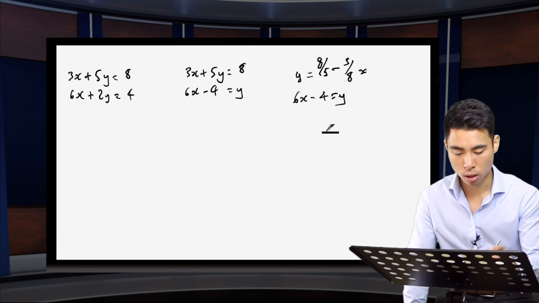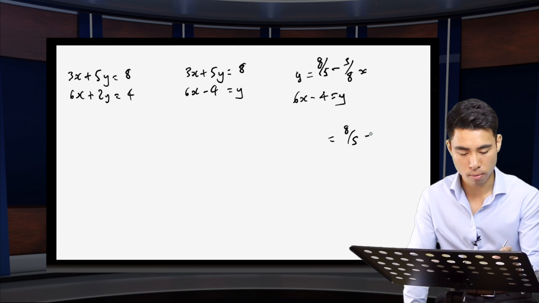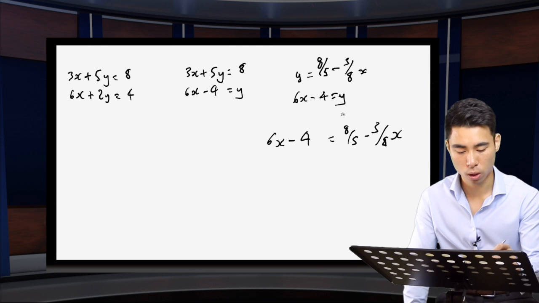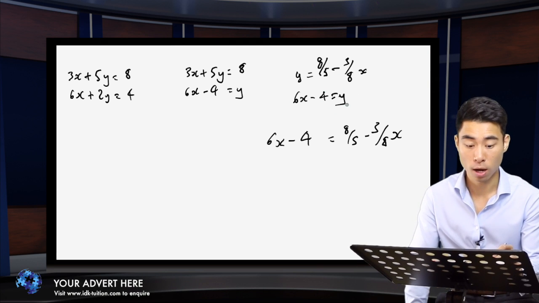In other words, taking that first equation, we have 8 over 5 minus 3 over 8x on the right-hand side. On the left-hand side, 6x minus 4. So just replacing this y with this expression for y on the left-hand side of this first equation there.